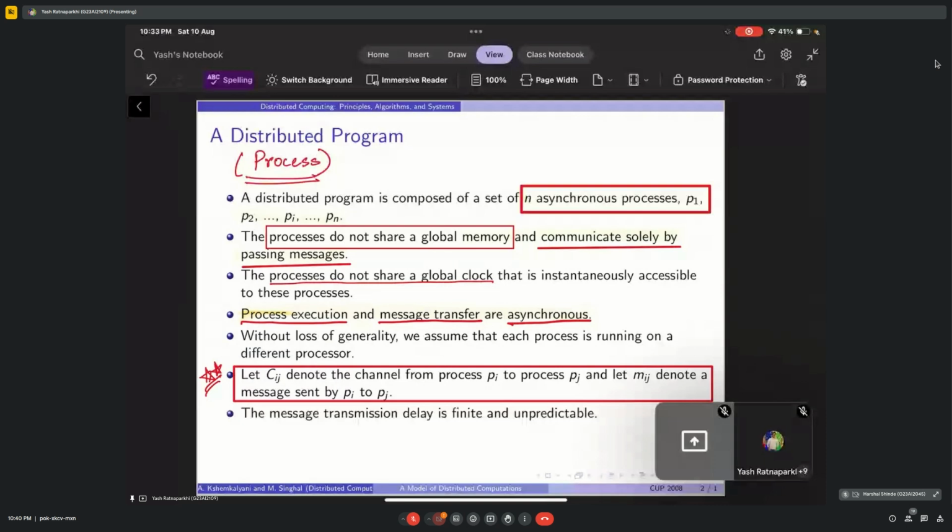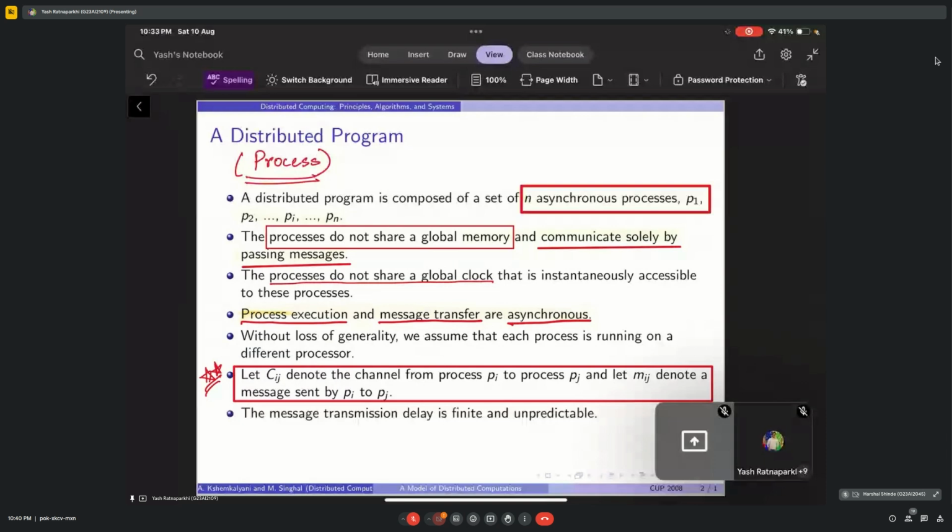So when Pi and Pj are communicating with each other via message passing, I will be writing Cij as the communication from process I to process J, and Mij. See, this is a very easy term to understand. Mij, M represents message, so message from Pi to Pj.